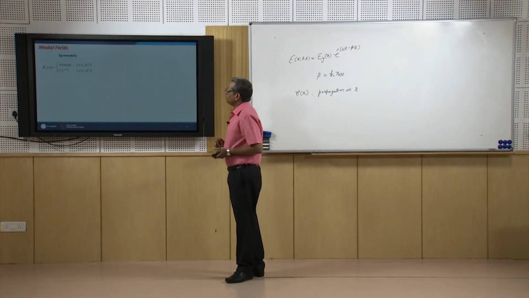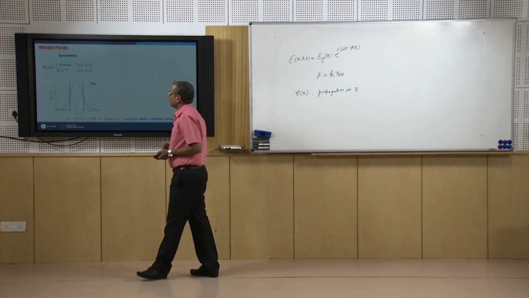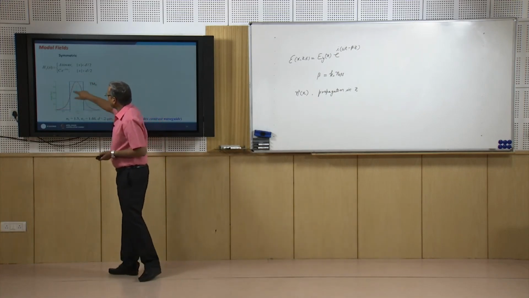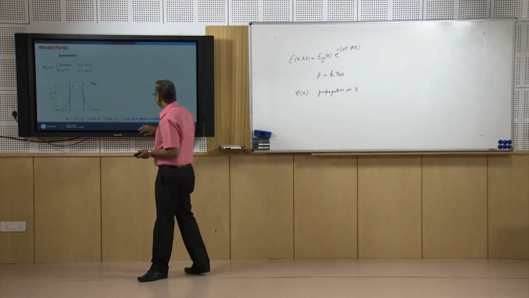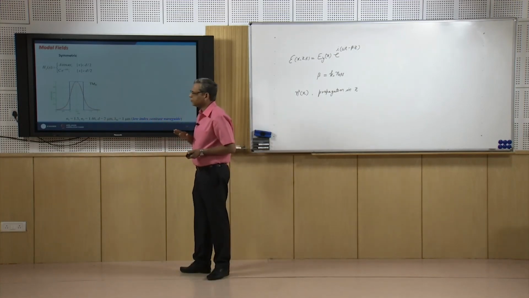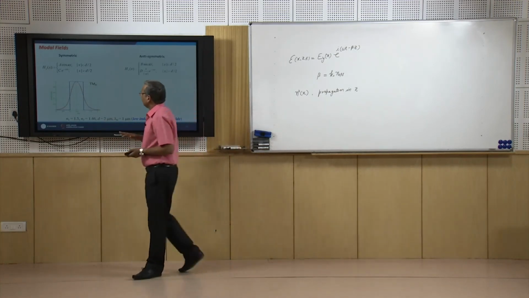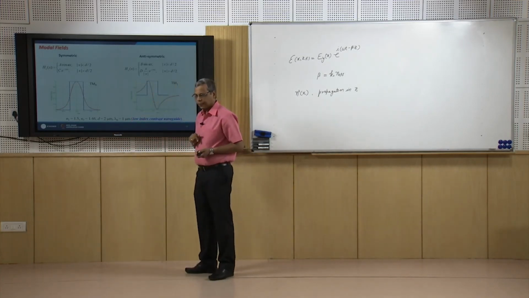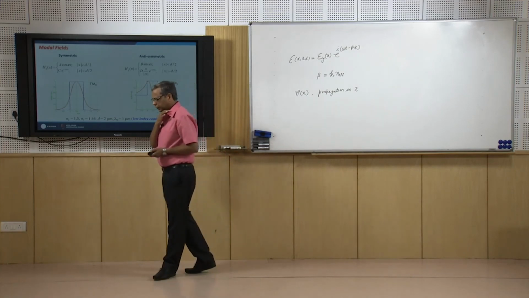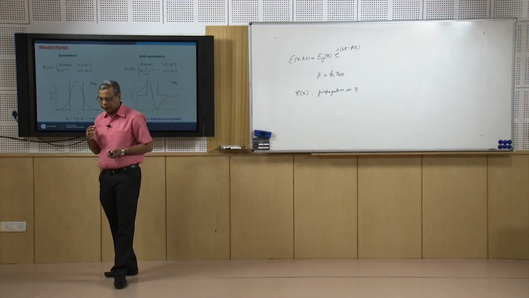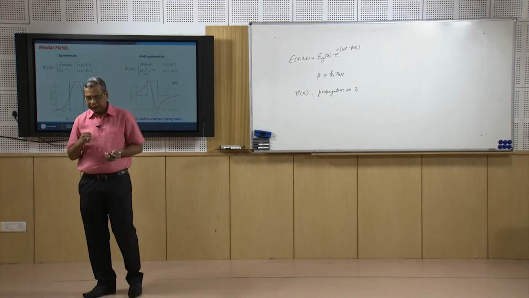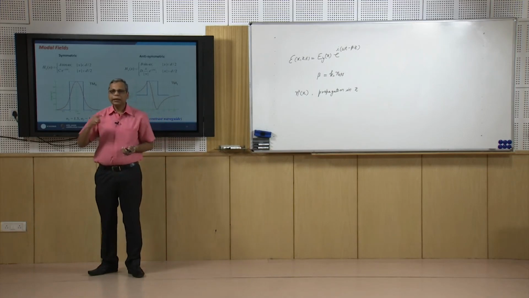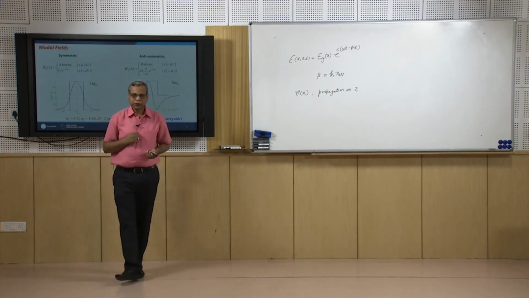Modal fields. If you look at modal fields, in the same way the modal field for TM0 would look like this. This is for a low index contrast waveguide, and for the TM1 mode it looks like this. What I should pay attention to is that in case of TE polarization, Ey and dEy over dx were continuous.